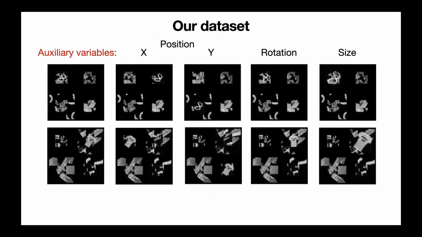As you can see, at the leftmost column, you have the original image, and then the digit, which is on the top left in the original image, can be shifted in horizontal position or in vertical position, or it can be rotated, or it can be scaled. And in addition to the target object, there's also debris all around it, which looks like the target objects because it's made of fragments from other objects in the data set. That makes it a challenging task because the network has to separate the true object from the debris.